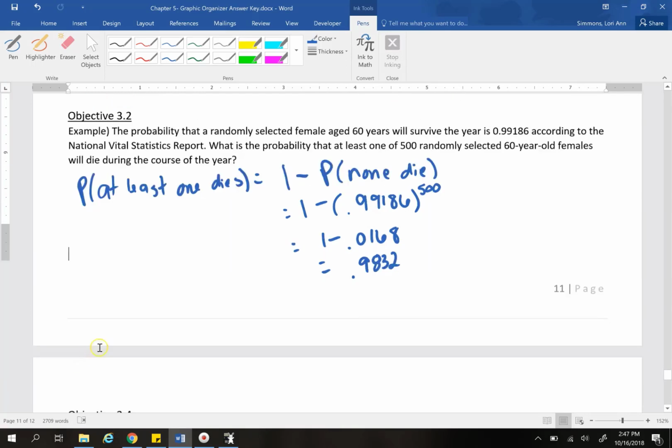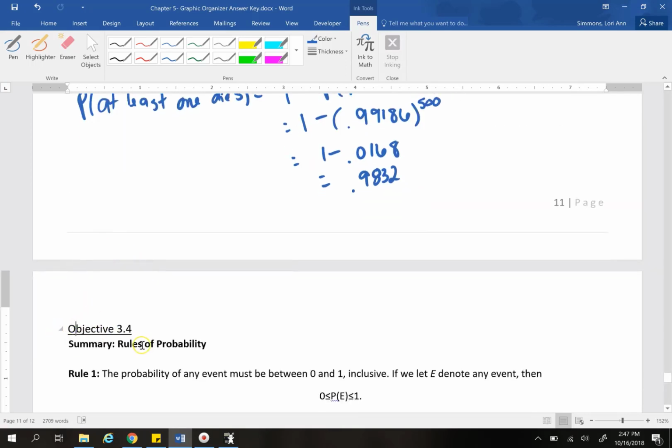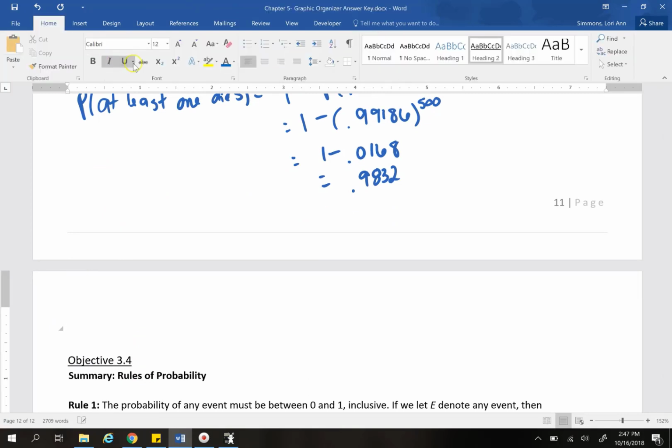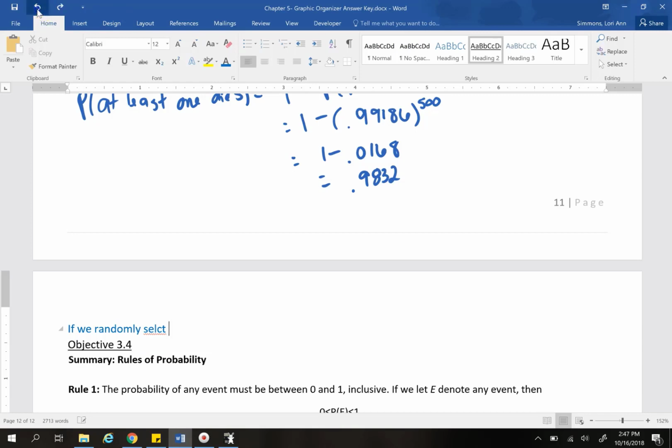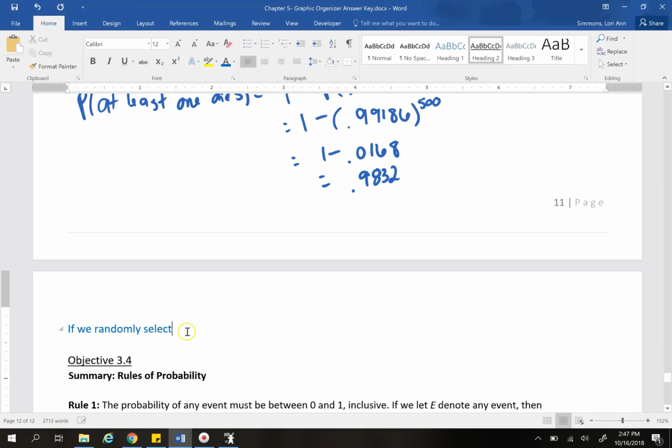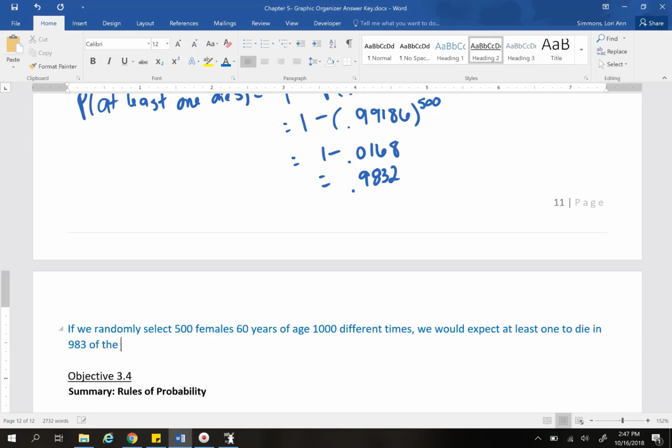So if we want to interpret this, we could say if we randomly select 500 females, 60 years of age, 1,000 different times, we would expect at least one to die in 983 of the samples.